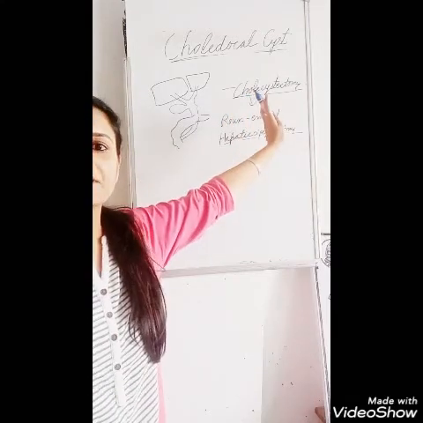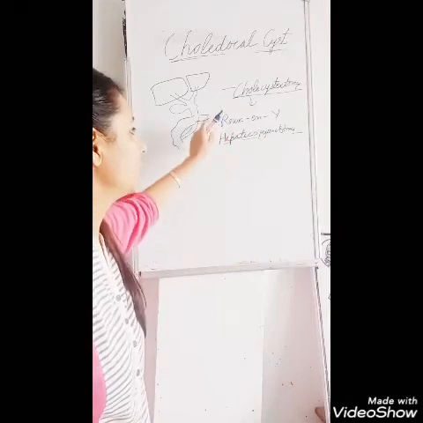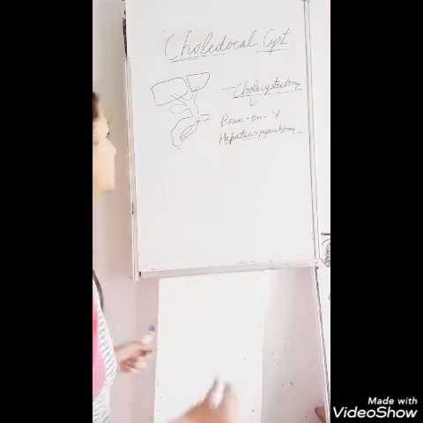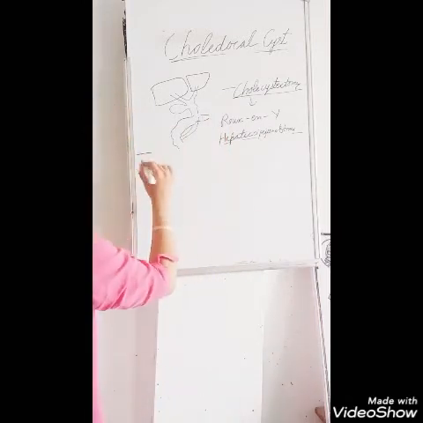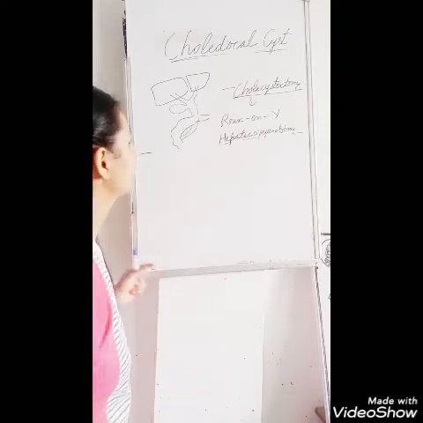So cholecystectomy is followed by Roux-en-Y hepaticojejunostomy, where the biliary tree is reconstructed. This is for the first type, where the fusiform dilatation of the common bile duct has occurred.